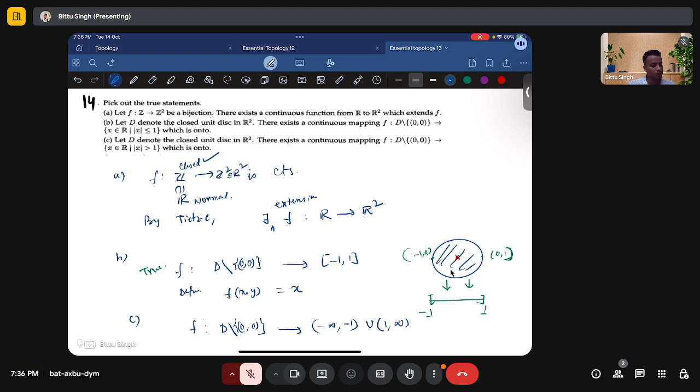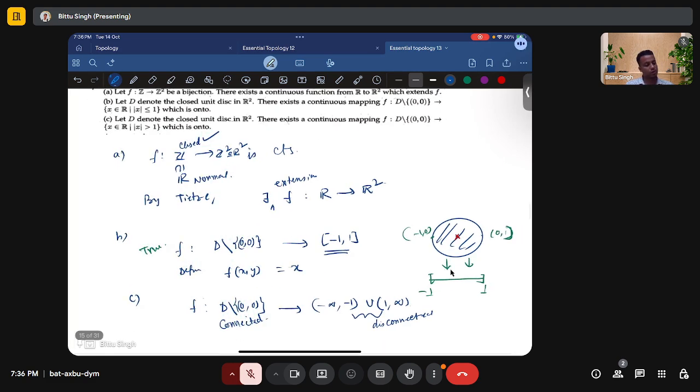So we are taking the complement of this mod x less equal to 1. So note that this is disconnected, but this one is connected. Image of a connected set is connected, so there cannot be an onto continuous map. Otherwise, we will get a contradiction: the image of a connected set becomes disconnected.